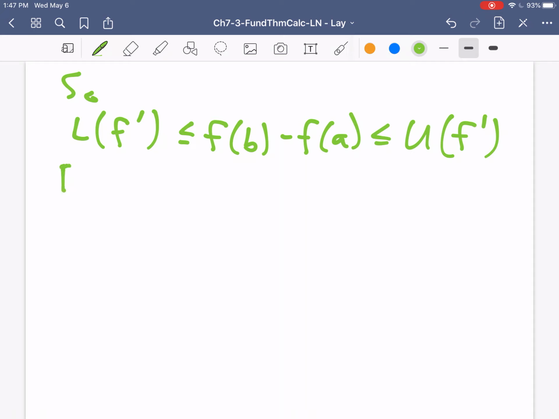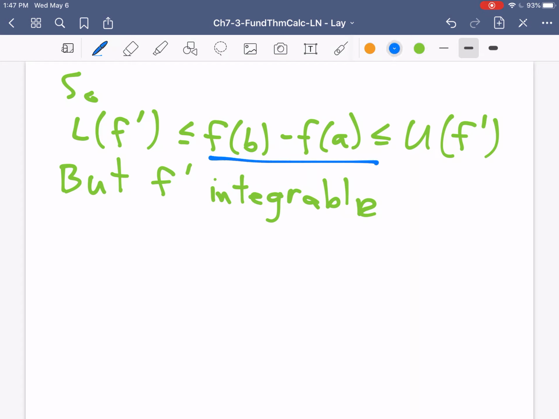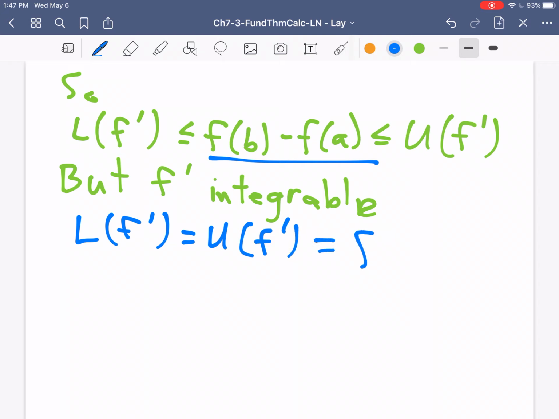And we know that f prime is integrable, so these two values have to end up being the same, and that same value is the integral from a to b of f prime.